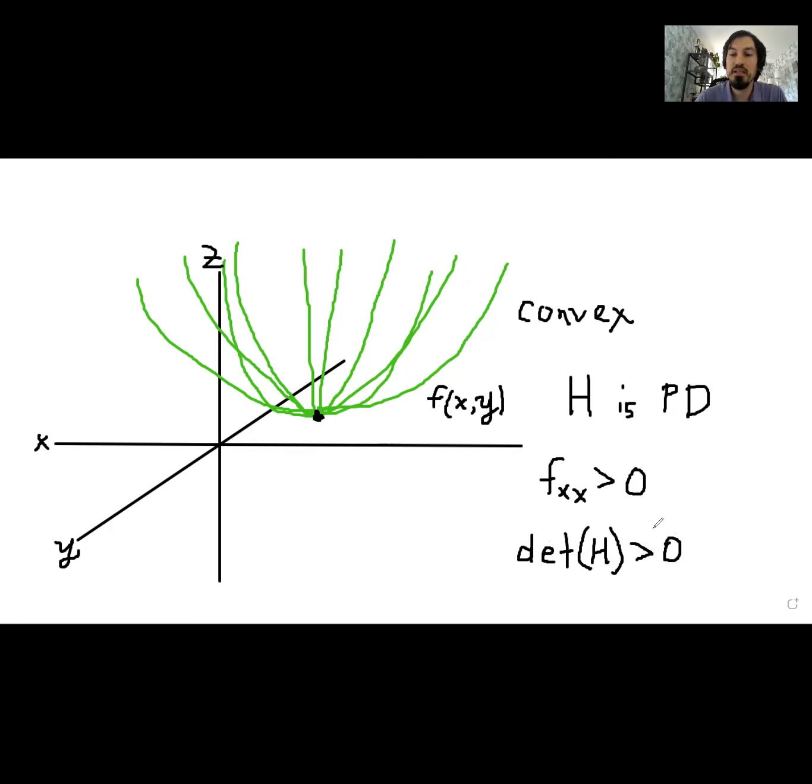That's the key. I've been teaching you what determinants are and what Hessian matrices are, and they're coming together here to say that if the determinant of the Hessian is positive, then we can say that f is convex, because what do you get? Fxx times fyy. What is the determinant of the Hessian matrix?